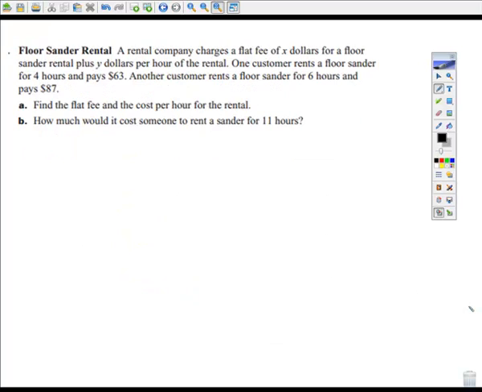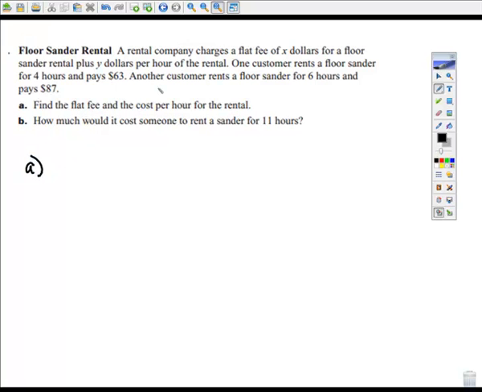Okay, one more. A rental company charges a flat fee of x dollars for a floor sander plus y dollars per hour of the rental. One customer rents a floor sander for 4 hours and they pay $63, and then another one rents a floor sander for 6 hours, and their total is $87. So they want us to figure out the flat fee and the cost per hour.